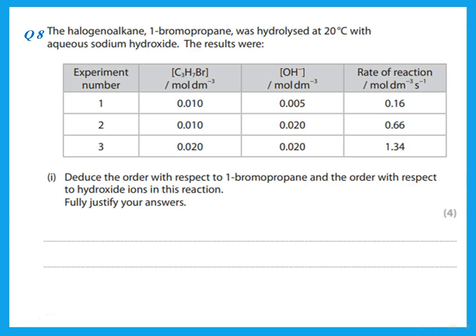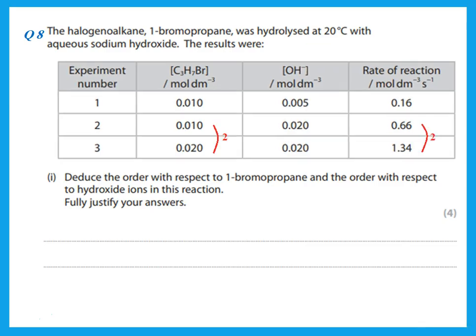Another question where he gives me the table. Here he's doing 1-bromopropane hydrolyzed with aqueous sodium hydroxide and deduce the order. Again, how do we deduce the order? I want the order with respect to the 1-bromopropane.